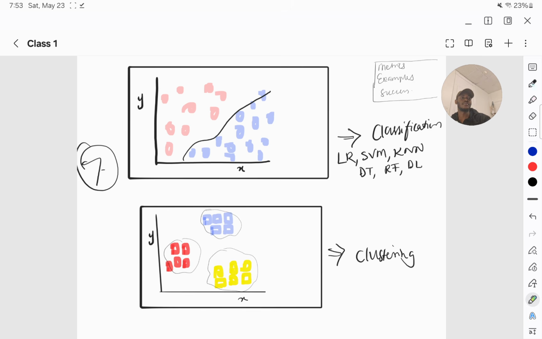The ones in red might be malware, and then the ones here might be benign or normal samples, right? So a classification task wants to distinguish between two samples.